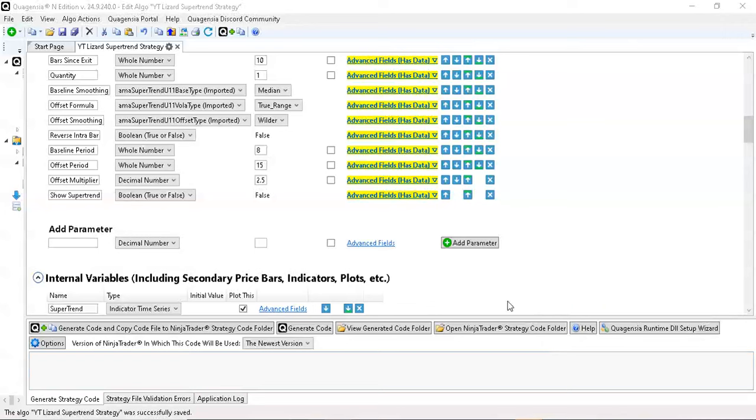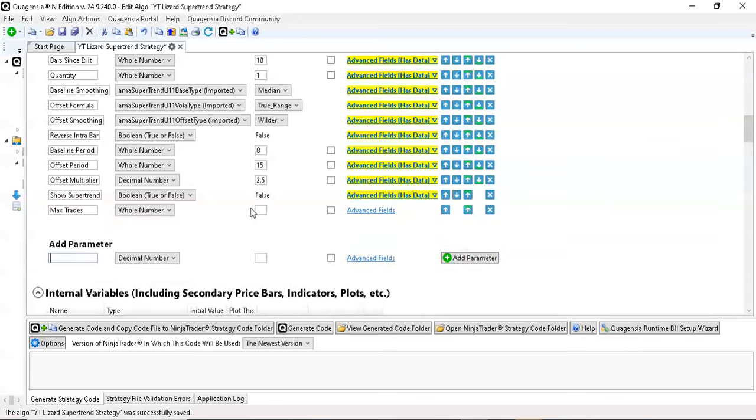All right, so let me show you how we set this up. So I'm just going to get the parameters and variables in place. Let's set that to 10.